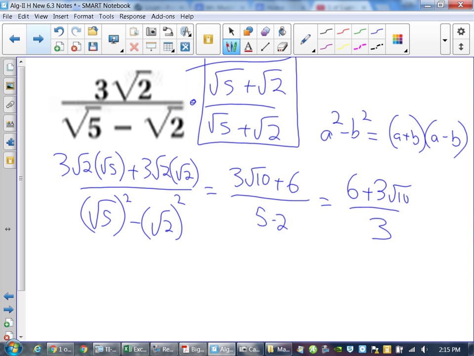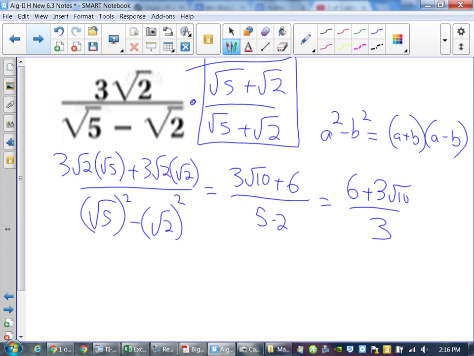And just like when you multiplied out by conjugates with imaginary numbers, every so often you were able to simplify everything out. If all 3 of the coefficients had the same value, you can factor it out. All 3 of those numbers, the 6, the 3, and the 3, all have what in common? 3. I could factor out a 3 out of everything, and I'm left with 2 plus root 10.